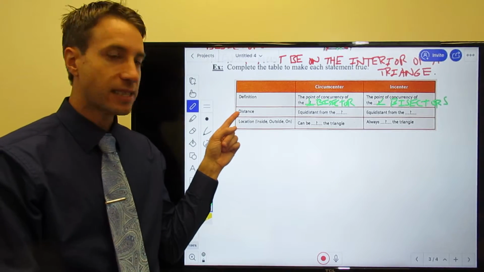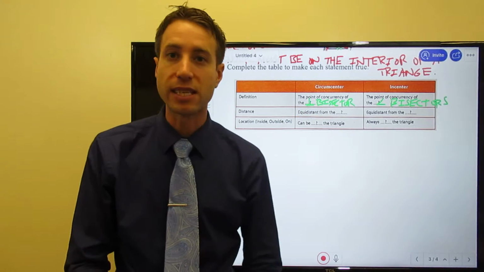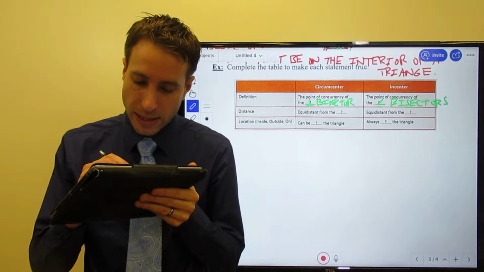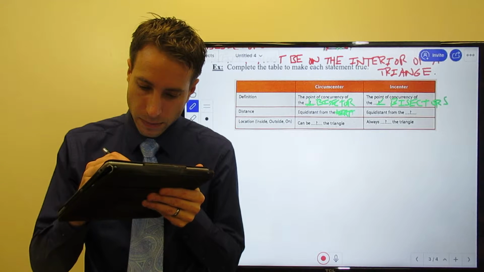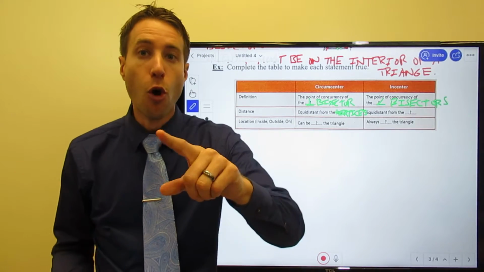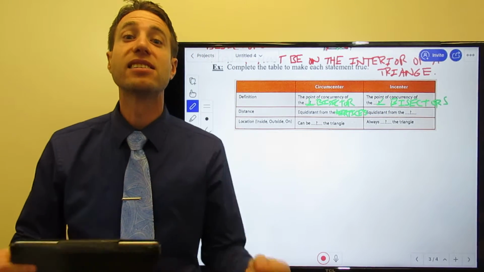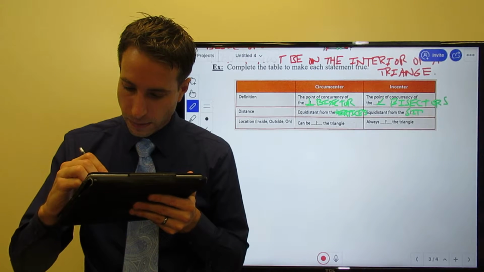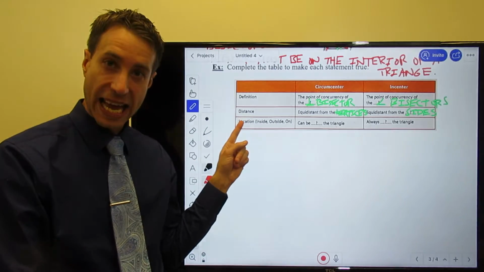Okay, then, distances. What do we know? Well, the circumcenter will be equidistant from the vertices of a triangle, whereas the incenter will be equidistant from the sides of a triangle. And then the last little bit, the location.